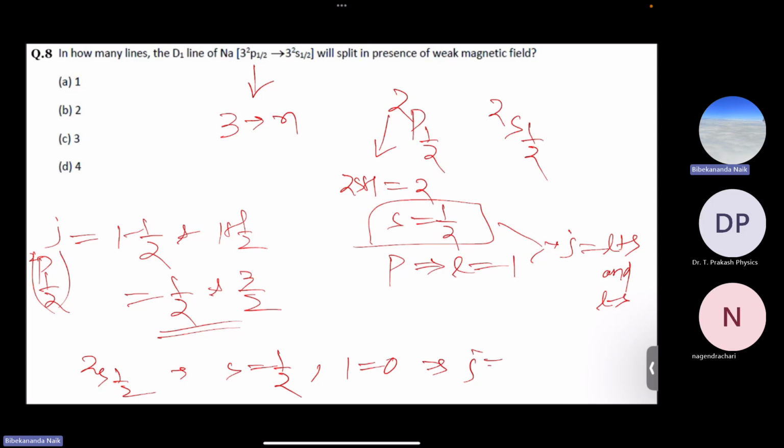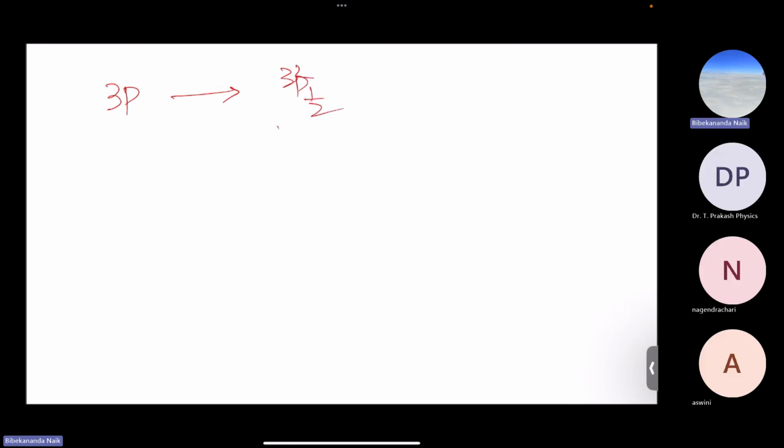So J will be how much? J will be half. There will be only half. So here you see there are two levels in case of P: 2P half and 2P 3 by 2.